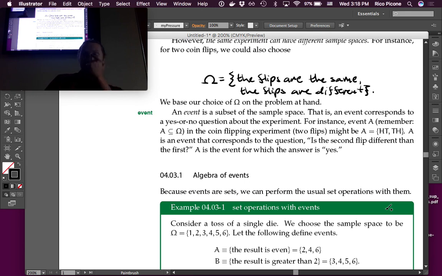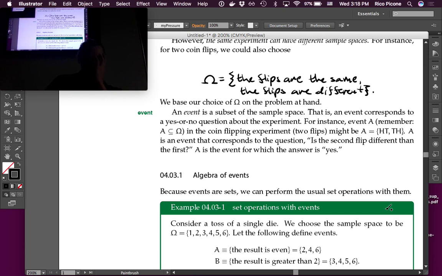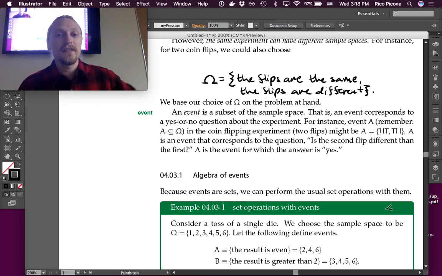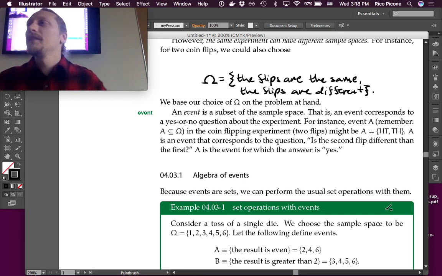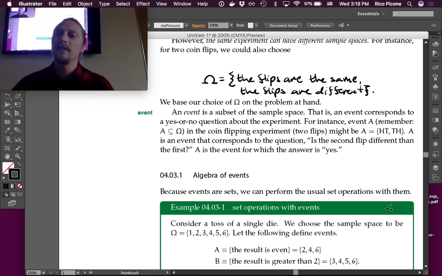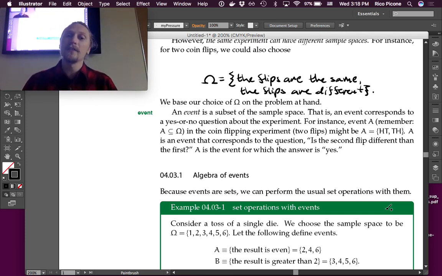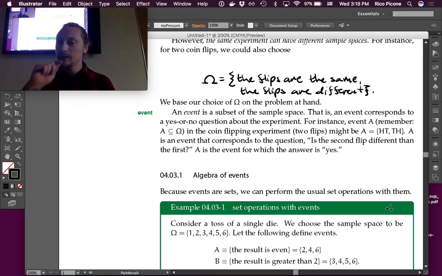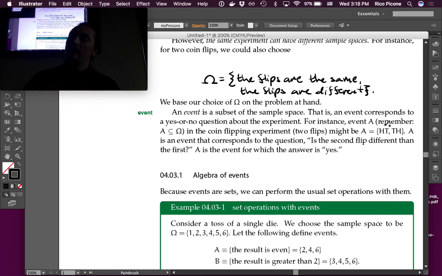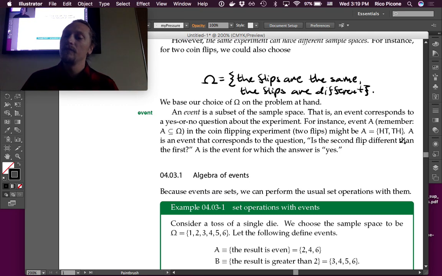So, an event, okay? You guys might have thought you knew what it was, but you did not. An event is a subset of the sample space. That is, an event corresponds to a yes or no question about the experiment. For instance, event A, remember, A is a subset of omega, in the coin flipping experiment, 2 flips might be that it's either heads, tails, or tails, heads.